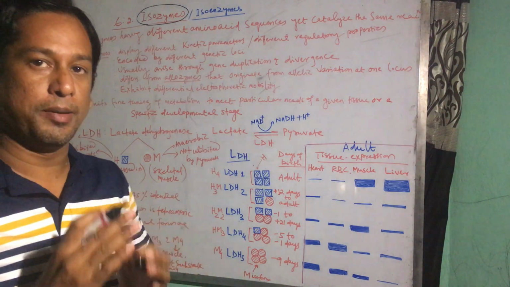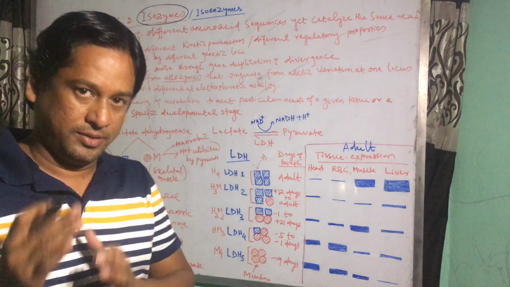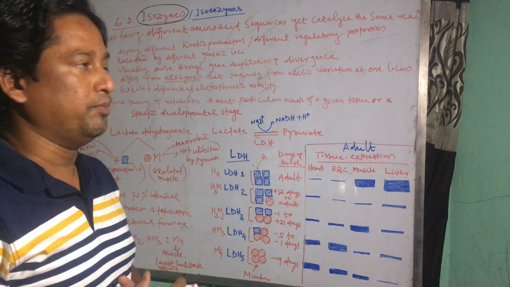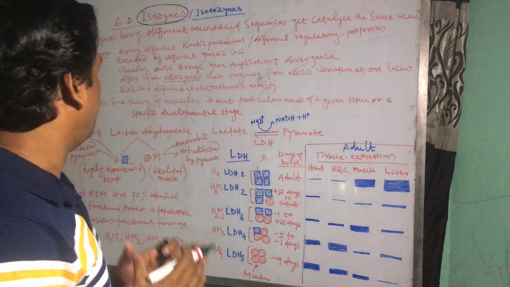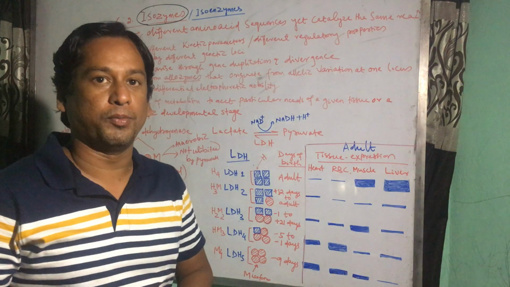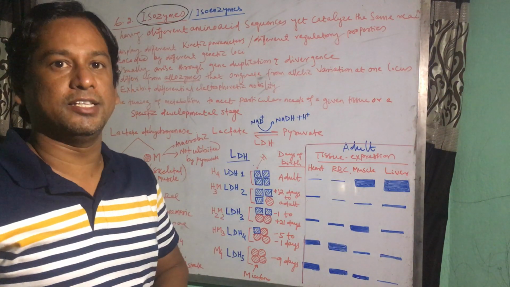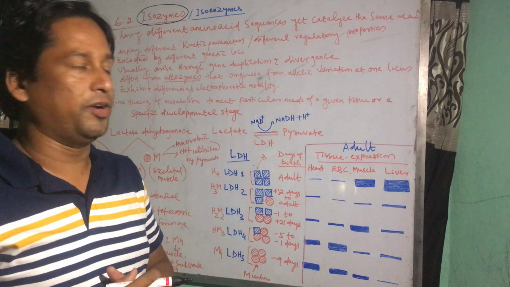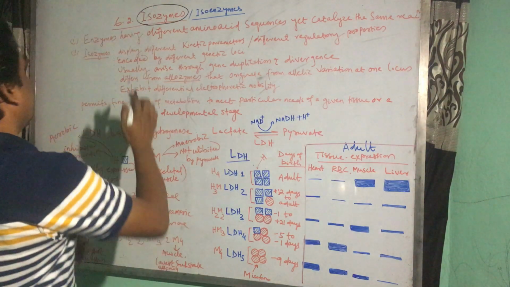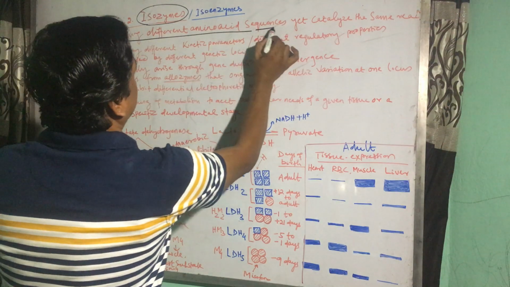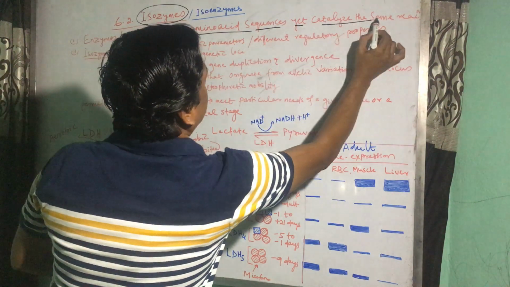They catalyze the same reaction, have almost similar 3D structure, and bind to the same substrate, but they vary in their kinetic properties. So the rates of the reaction they catalyze are different for different isoenzymes. They have different amino acid sequences yet catalyze the same reaction.